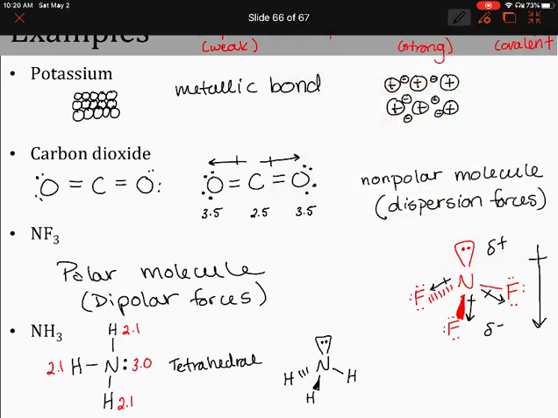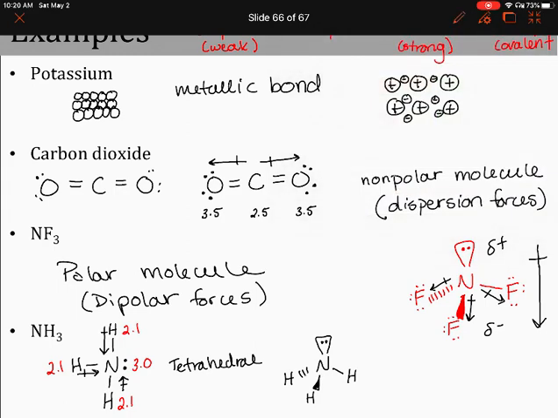All right, so each bond is polar. Oh, but did I draw my electrons correctly? No, I drew them backwards. Electrons are actually going away from hydrogen and towards nitrogen, because nitrogen is the more electronegative atom in this molecule.